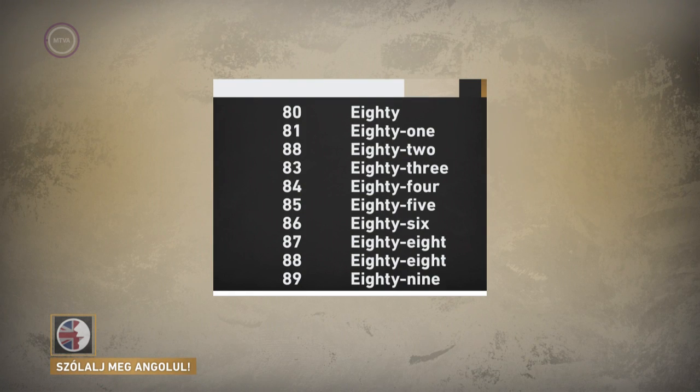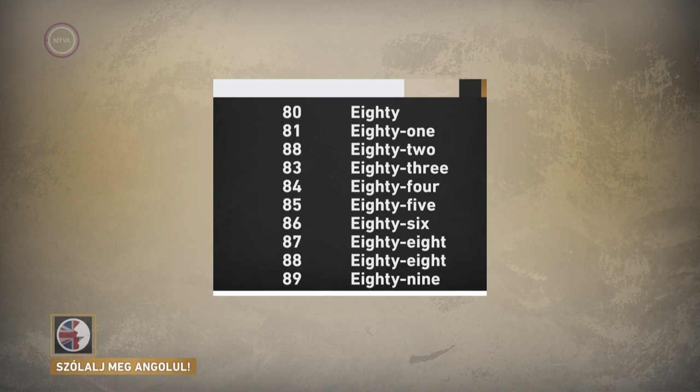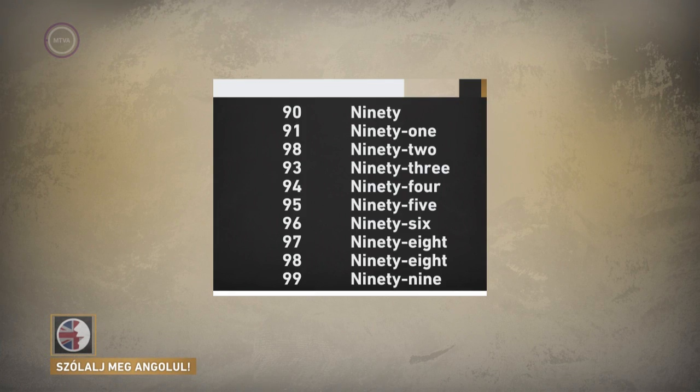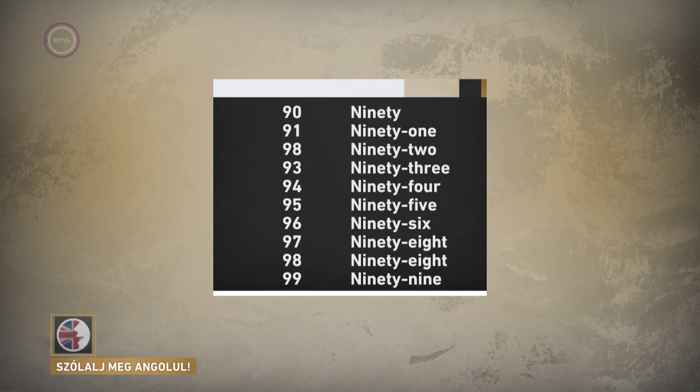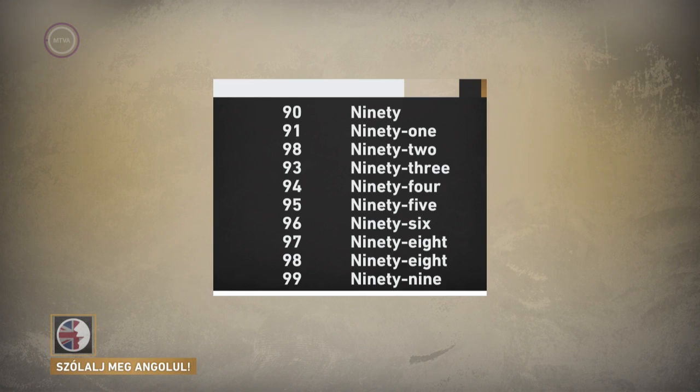And we know the pattern. 81 is eighty-one. 82 is eighty-two. So, okay, and what number comes after 89? That's right, 90. 90 is spelled ninety, and we know the pattern. 91 is ninety-one. 92 is ninety-two.